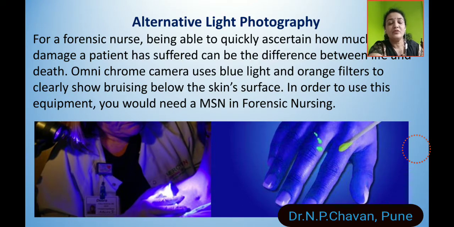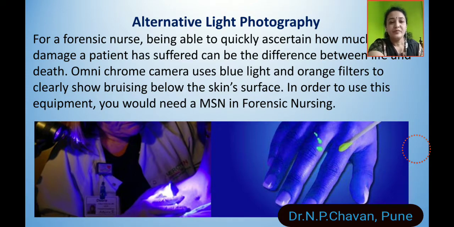Normally what we study in bruising is how it appears, which instruments can cause the bruising, which different factors take part in the appearance of a bruise, and from its color changes or coloration we can identify how much time has passed, that is the age of a bruise.